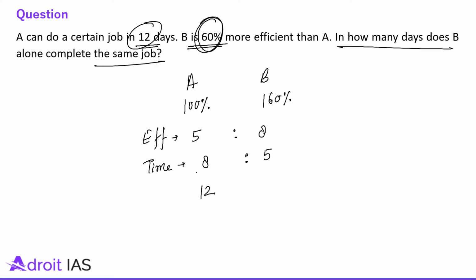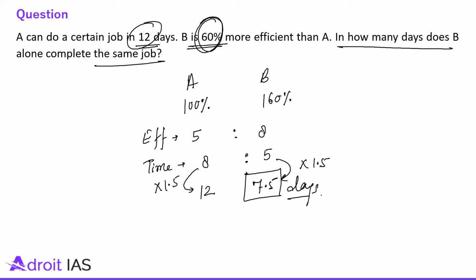So 12 days. This is 1.5 times 8, since 8 into 1.5 is 12. So 5 into 1.5 will be 7.5. Okay, everyone. So B will be taking 7.5 days to complete that work, which A is finishing in 12 days, right? So this is the answer.